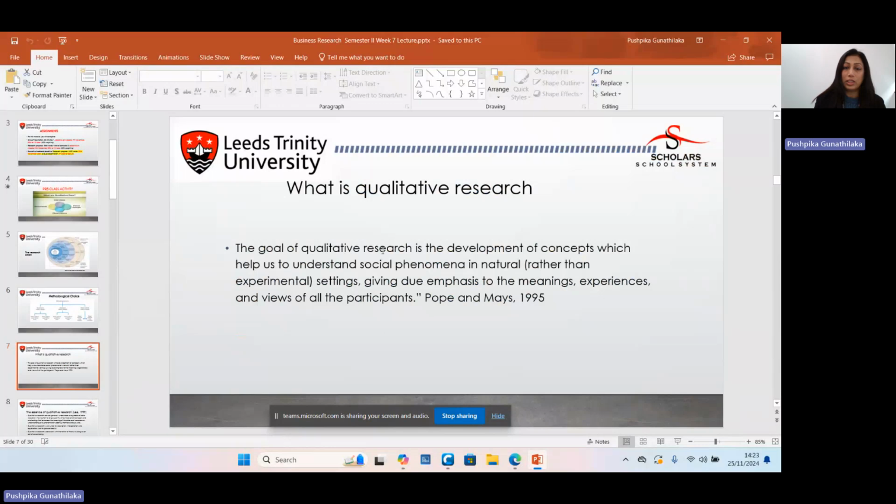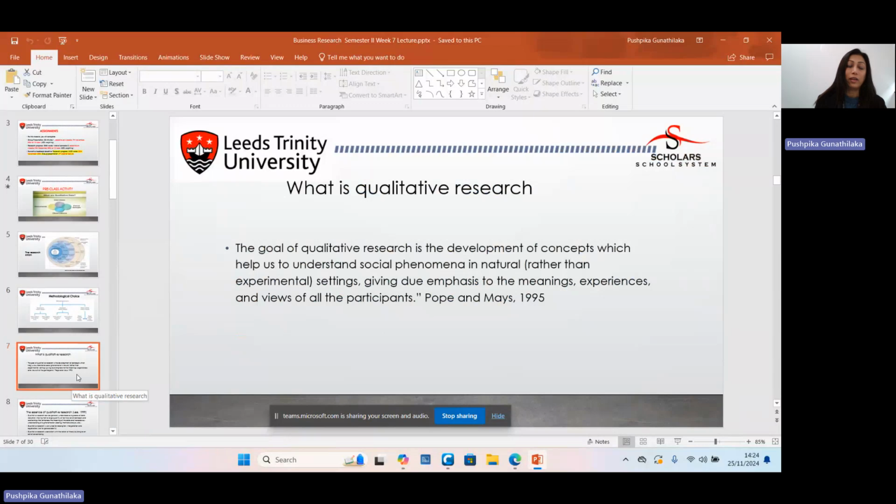The goal of qualitative research is the development of concepts which help us to understand social phenomena in natural settings. In the real setting, we are trying to explore our knowledge, explore the ideas to find out more concepts, more details, more explanations.